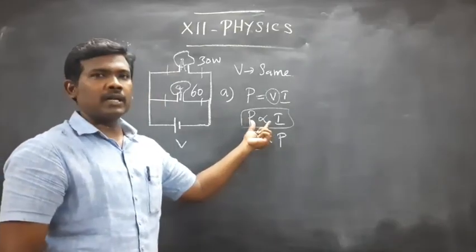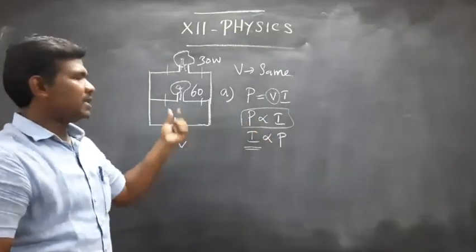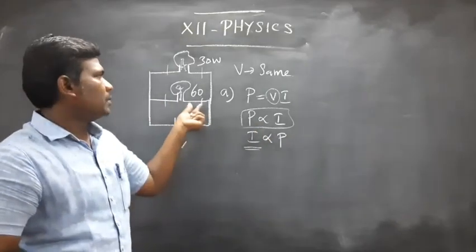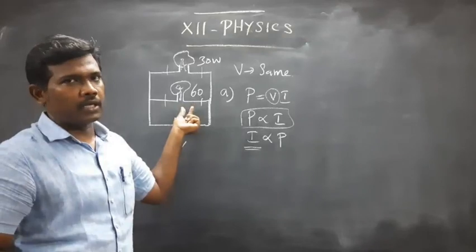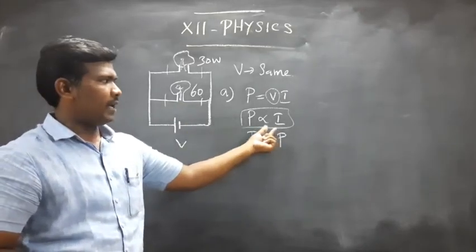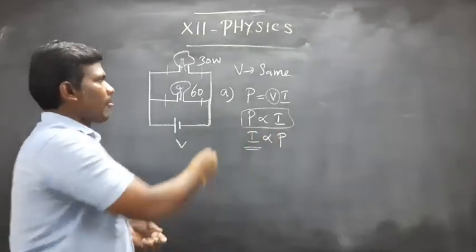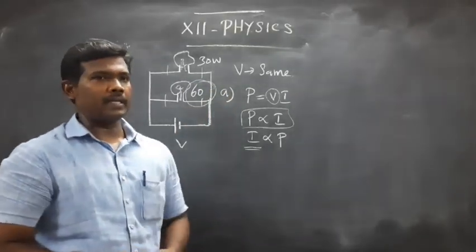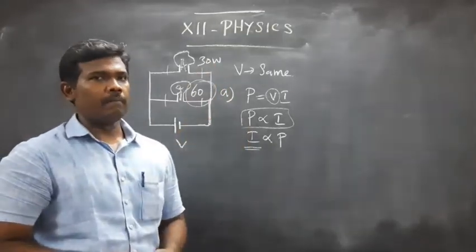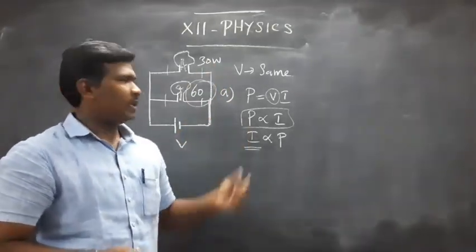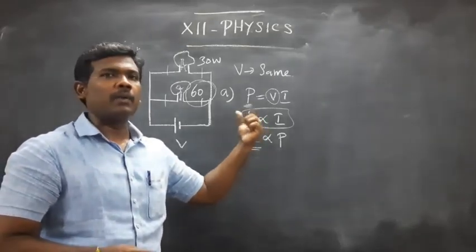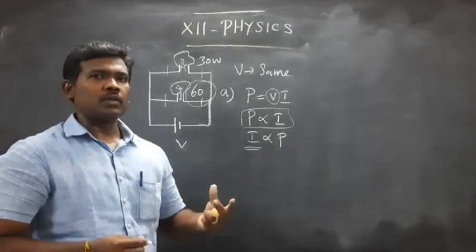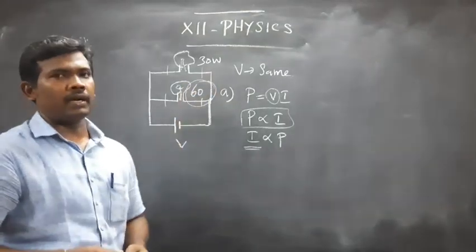So the bulb having the greater power has high current passing through it. So I is greater, P is greater. Definitely the bulb with the higher power value glows much brighter compared with the other one. So this is the answer for the first case: the 60 watt bulb glows brighter than the 30 watt bulb.